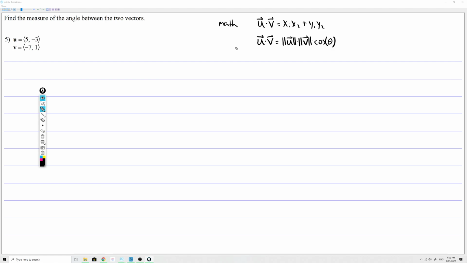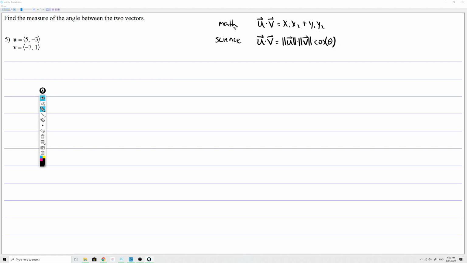It's very simple, and it's easy to do calculations this way. However, when you actually want to understand it, when you're interested in the science of vectors, thinking about the dot product in this second form is much more interesting. So let's see if we can tackle this problem by examining the two forms of the dot product.